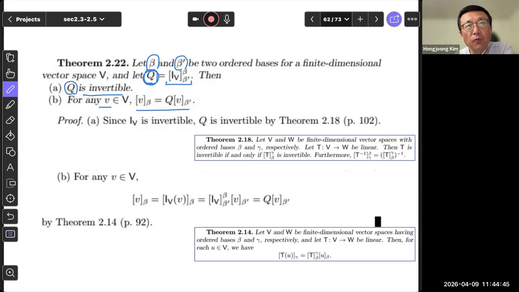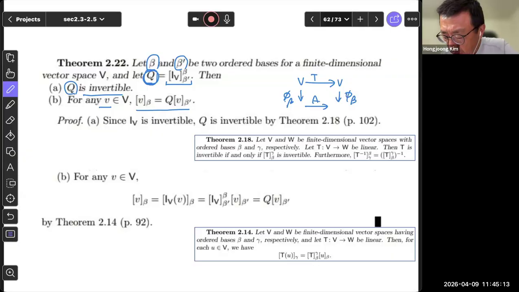And for any v, this will be this. But this one follows the definition of the linear transformation. Please remember that when I have a mapping from V to V, and I have T, and we consider phi sub beta and the matrix A and phi sub beta prime, then, as I said, these two approaches have the same destination, right?